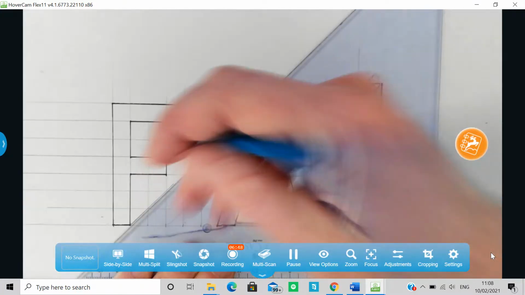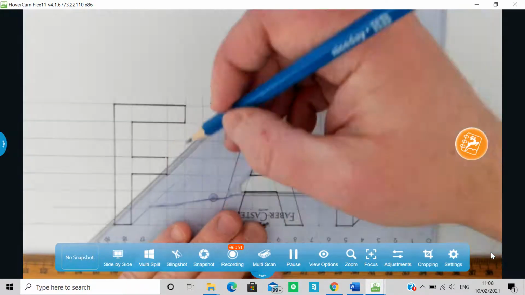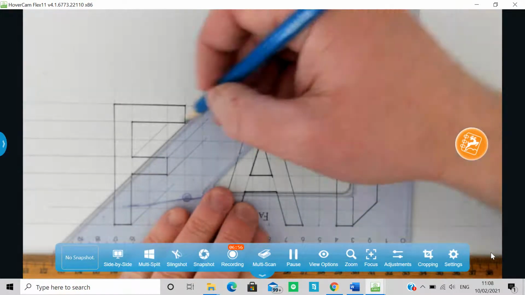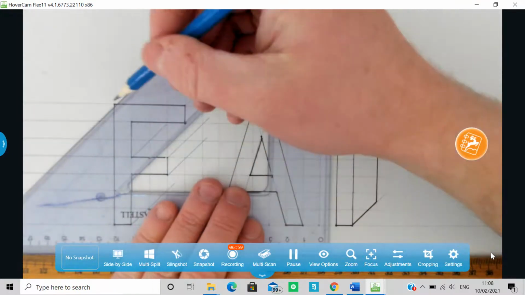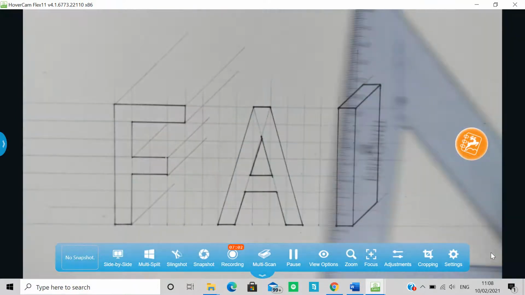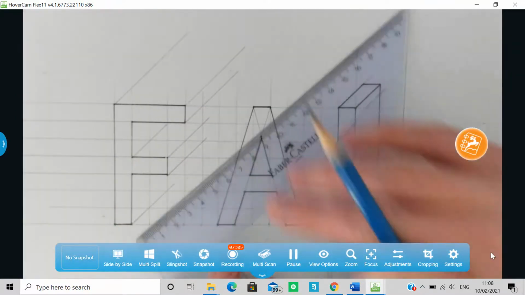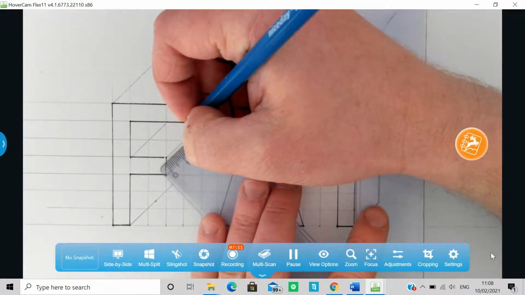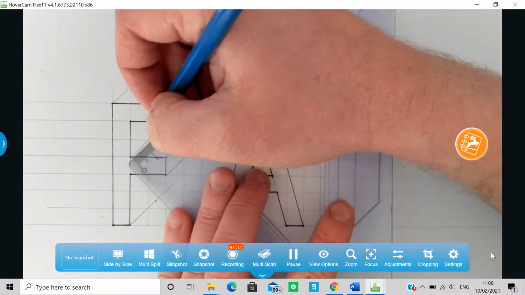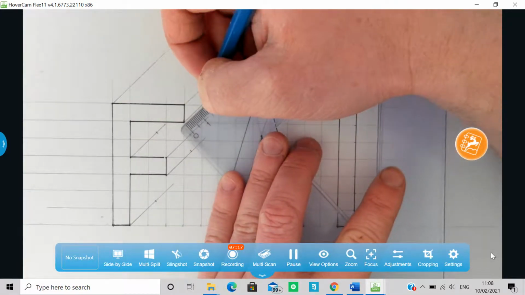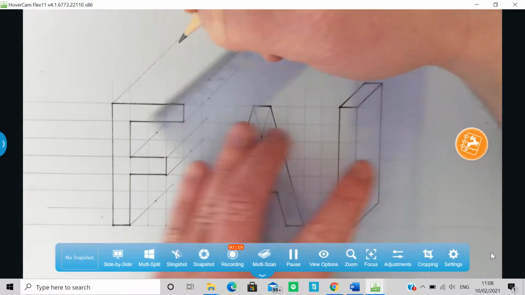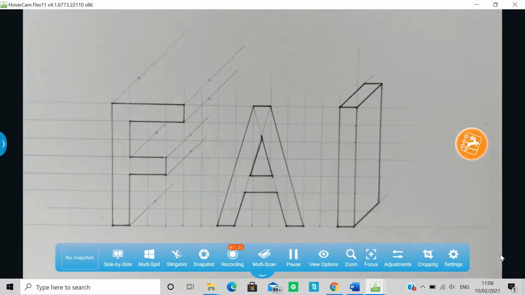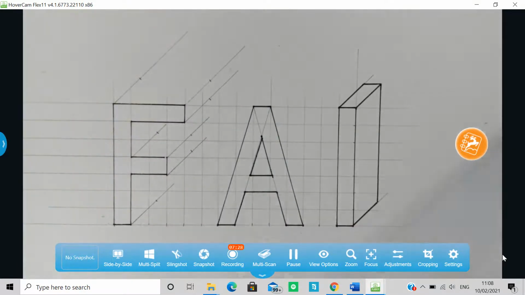Again, 45 degree lines from any corner that you think you'll see. And then you're going to mark your 20 mil spaces again. And we're going to start doing some heavy lines.